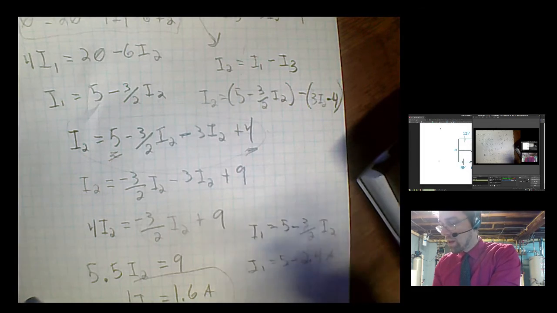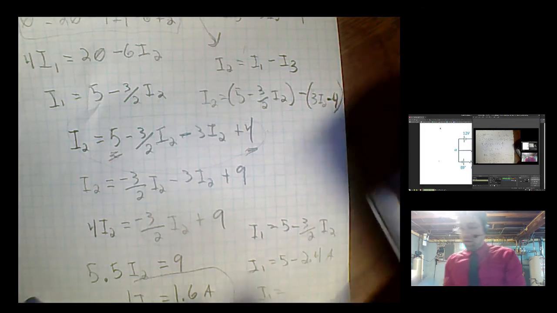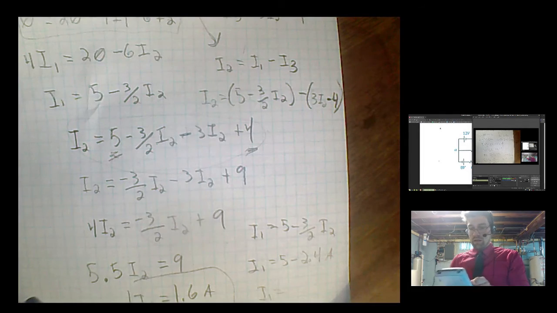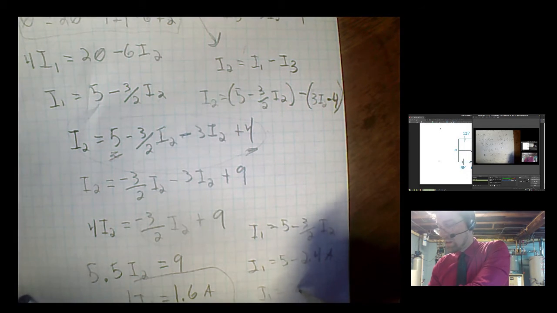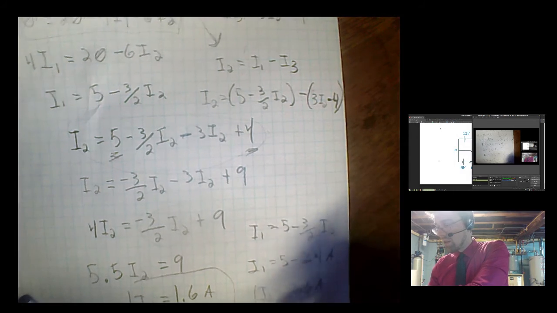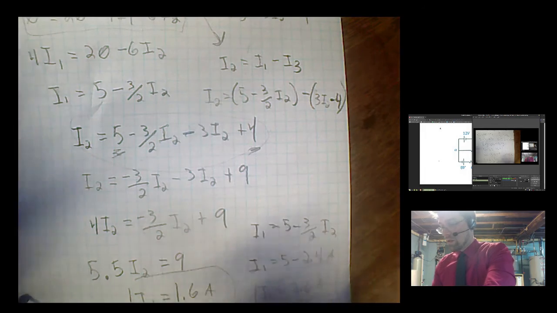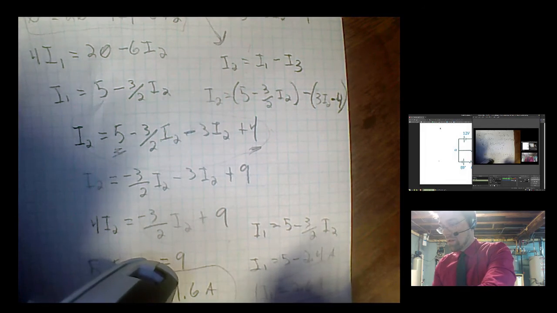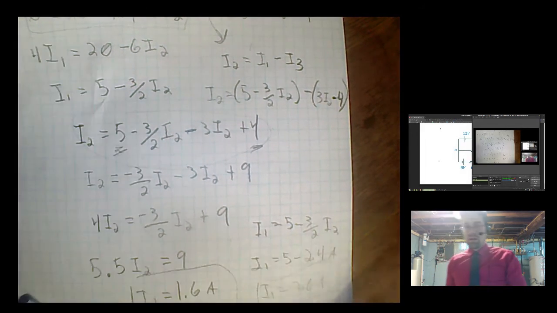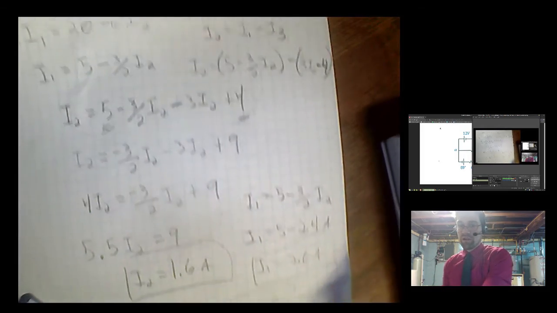Okay. I1 equals 2.6. Alright, and then I3, right, it's I1 minus I2, per our original junction rule.